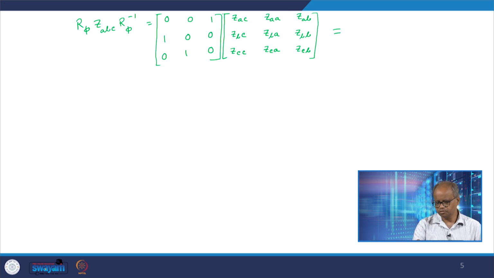So then therefore the first would be ZCC, and then it would be ZCA, and then it would be ZCB. Of course, here also it will be the same thing, that this row would be shifted to the first position, and that's precisely what has happened.